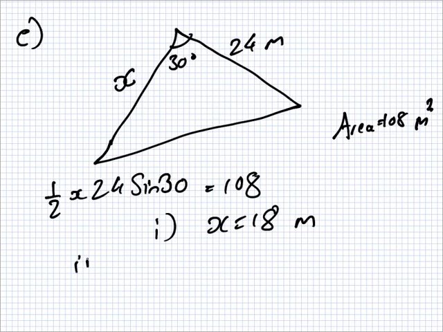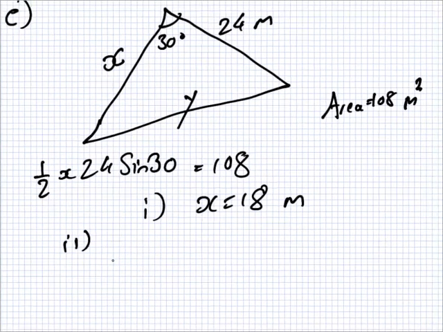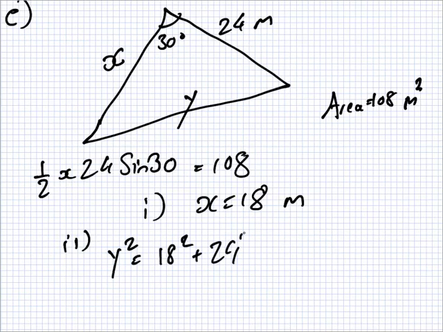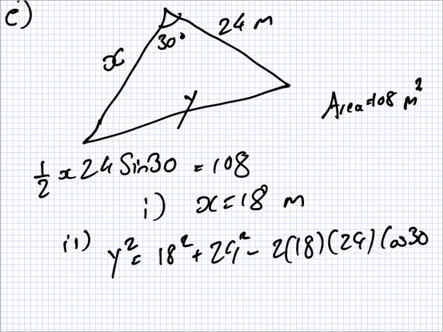How can I find this length here? I'll call it y. How can I find y? That's right, y squared equals x squared plus 24 squared minus twice 18, 24, cos 30.